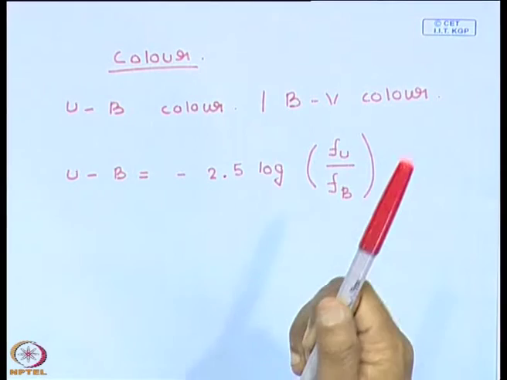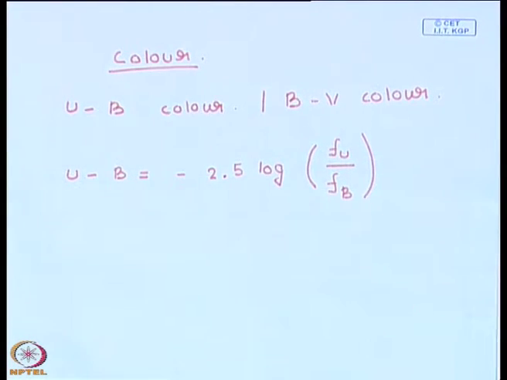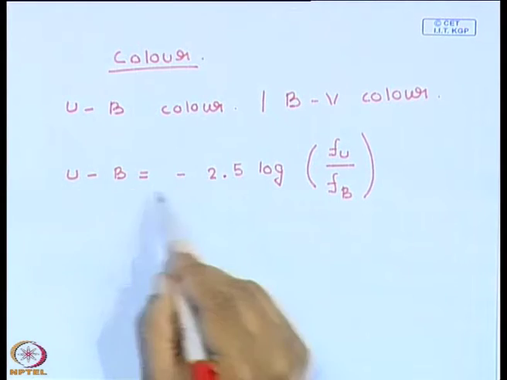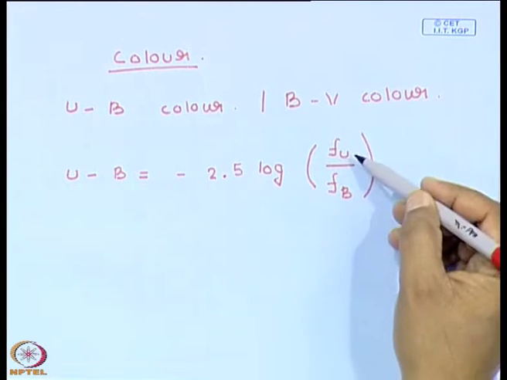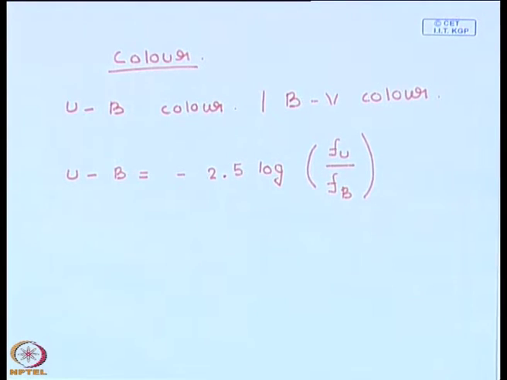When I refer to the color of any object, I am wearing a white t-shirt, or this is a red pen, it essentially refers to the relative contribution of the radiation in different wavelength bands, which is what the color quantifies. It is the relative contribution in different wavelength bands.